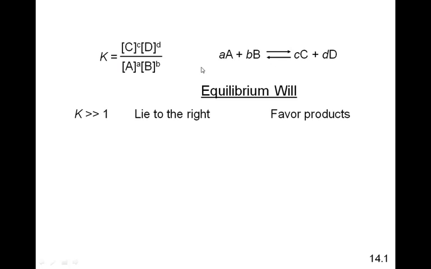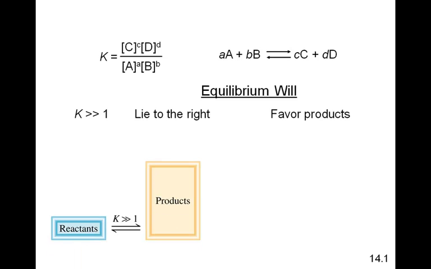And so the reaction, although it's still going in both directions and is still in equilibrium, will have concentrations of these two much greater than these, and we say that it lies to the right or favors the products, which is maybe something that is good. So a small amount of reactants and a large amount of products when K is much, much greater than 1.